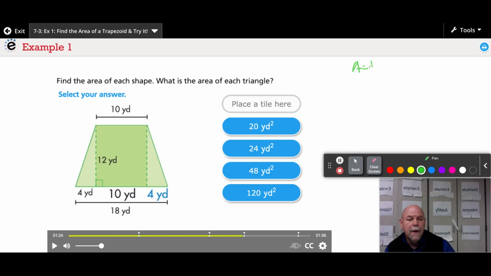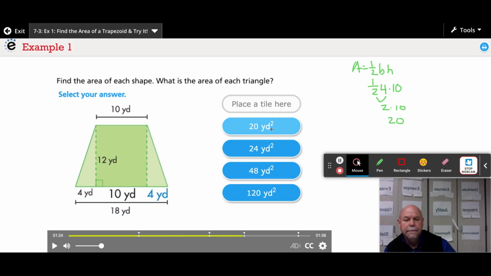Area equals 1/2 the base times the height. This is for triangles. So 1/2, the base of our triangle is 4, and the height of our triangle is 10. So 1/2 of 4 is 2, and 2 times 10 is 20. So we have 20 yards squared. Uh-oh.